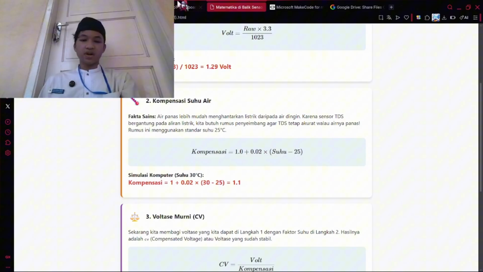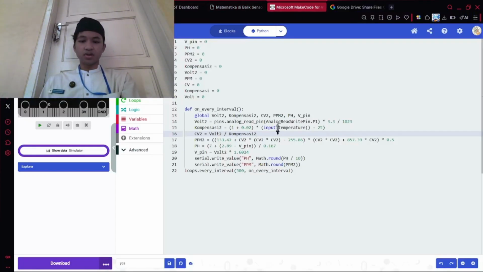Temperature you can get from the microbit here. We can say it's the room temperature, or the temperature the microbit is in right now. Then you subtract 25 from it, and then you add 1 plus 0.02 and multiply both of them.